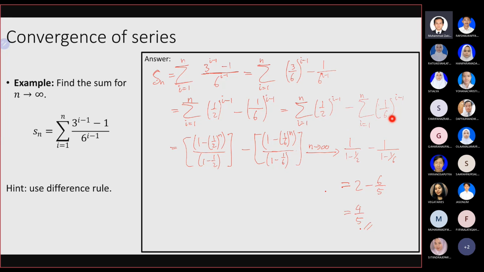Kemudian sumnya kita pecah, jadi di sini kelihatan bahwa kita punya 2 deret geometri ya. Yang pertama rasionya setengah, yang kedua rasionya 1/6. Kemudian kita tinggal pakai rumus deret geometri. Terus kita hitung ketika n-nya menuju tak hingga, kita dapat ini. Ya. Any question?